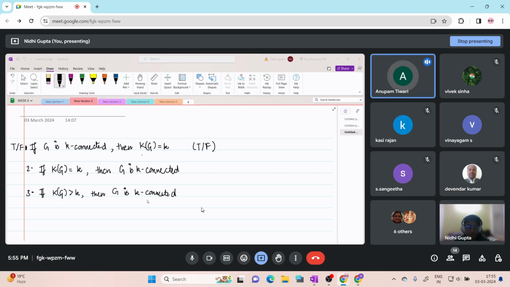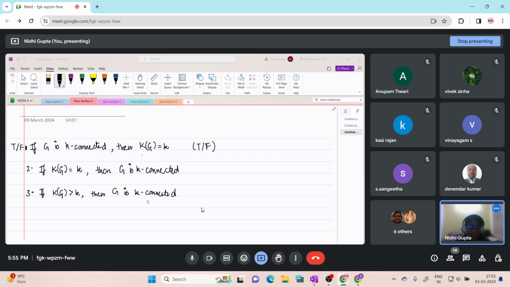It should be k minus 1. It is false. No. So why should it be K minus 1? Because K connected means we have to remove K vertices, ma'am? No. K connected means that if we remove any K minus 1 vertices, then the graph remains connected.